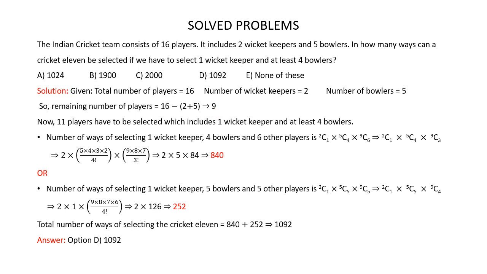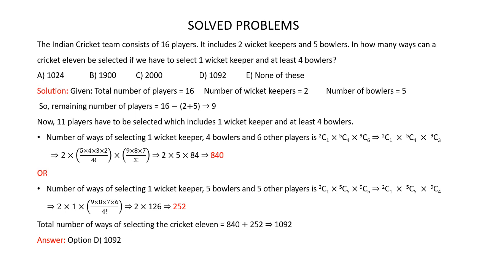Now 11 players have to be selected, which includes one wicket keeper and at least 4 bowlers. Now at least 4 bowlers means a minimum of 4 bowlers have to be selected. Now since the number of bowlers is 5, the maximum number of bowlers that can be selected is 5.